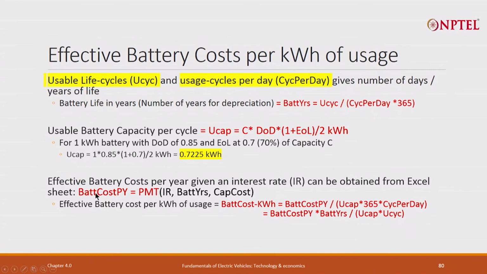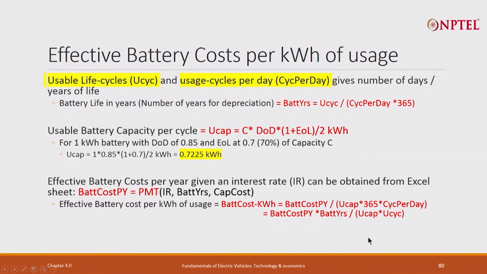So, if I calculate battery cost per year, I can calculate battery cost per kilowatt hour, and I have simply simplified here the battery cost per year multiplied by a usable capacity. I have put it here as this, and then it comes to battery years divided by U cap multiplied by U cycle.